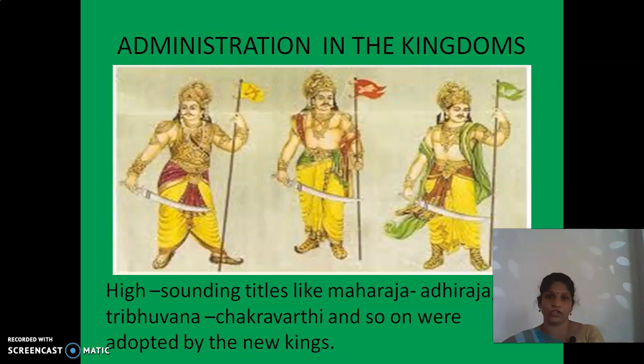That position also became hereditary. After their power was accepted, they gave themselves high-sounding titles, that is Maharaja, Adiraja, Tribhuvana Chakravarti and so on, which were adopted by the new kings.